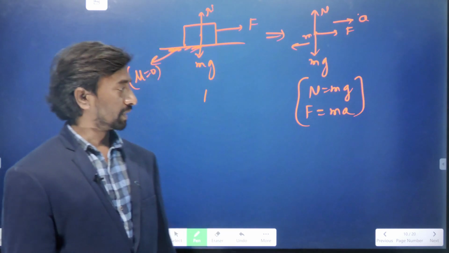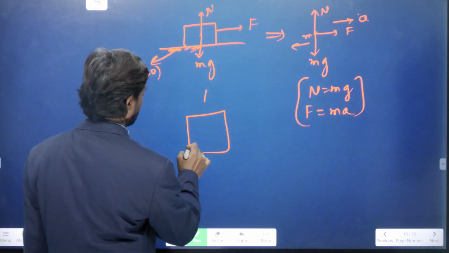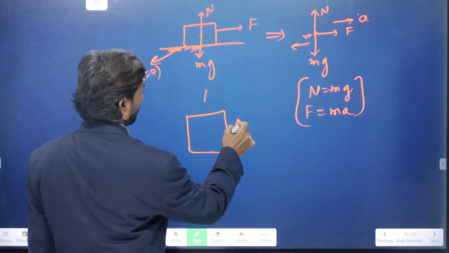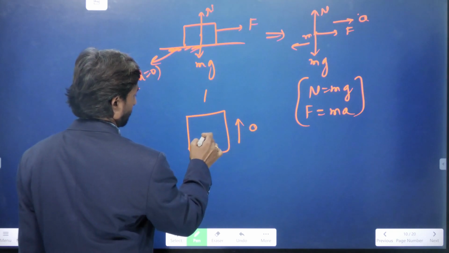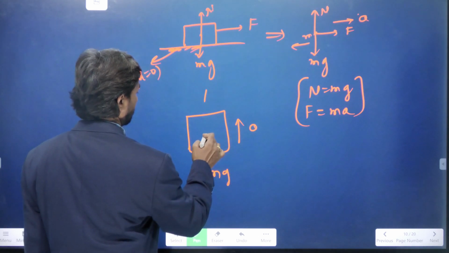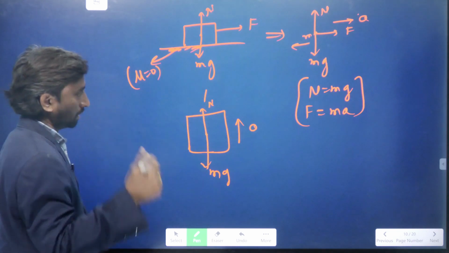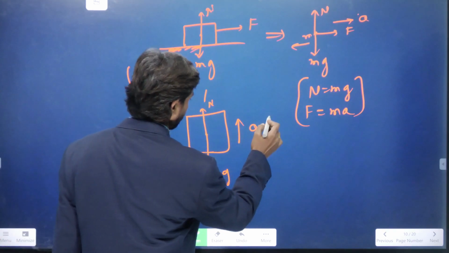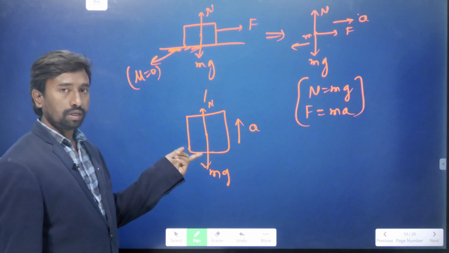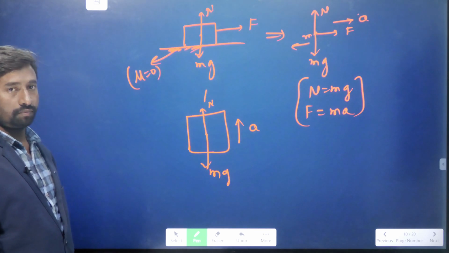There are different cases for the lift and the pseudo force. If the lift is moving up with a certain acceleration, the weight of the lift acts downward, mg, and the normal reaction N acts upward. Whenever the lift is at rest or moving with constant velocity, it is an example of an inertial frame.